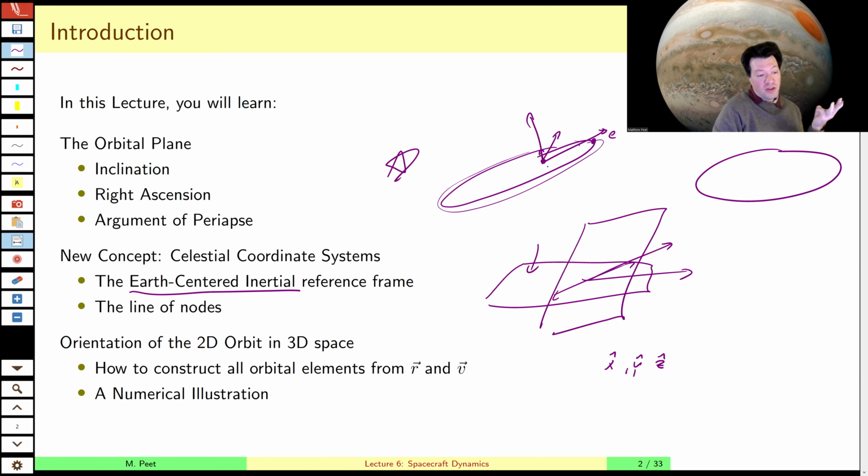And it turns out we need three parameters to define that orientation in space, which makes sense, since we're trying to orient something in three-dimensional space. You would think the eccentricity vector would be the final answer to that, but it turns out that's not what we consider to be our final answer. The eccentricity vector gives you two parameters because you can rotate about the eccentricity vector. But we'll come back to that.